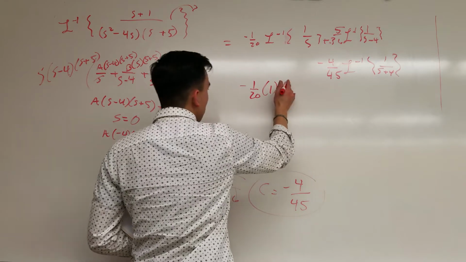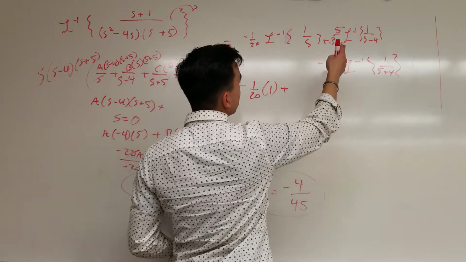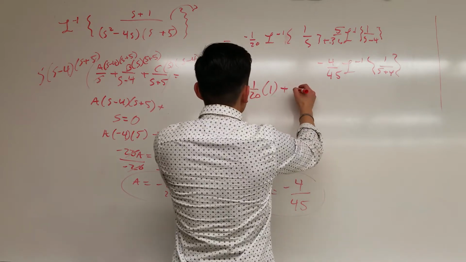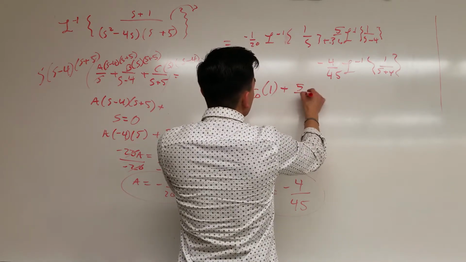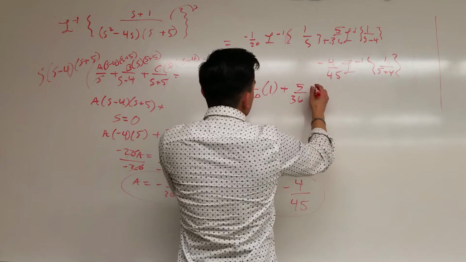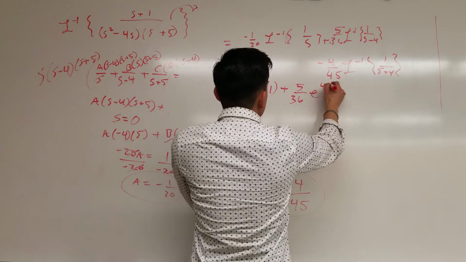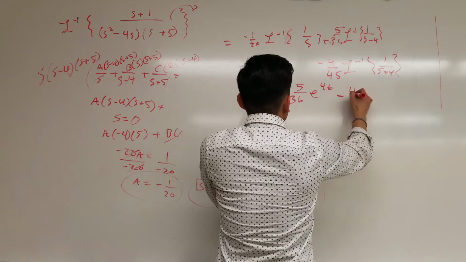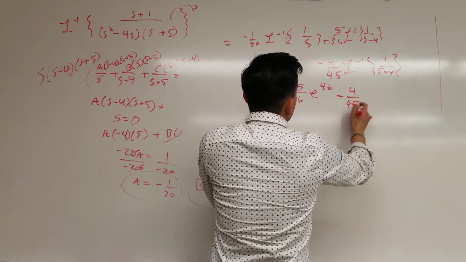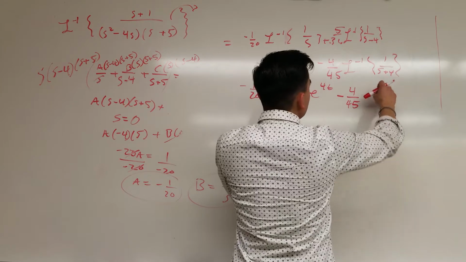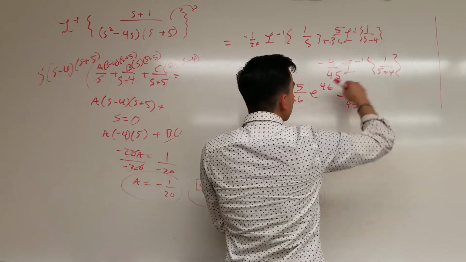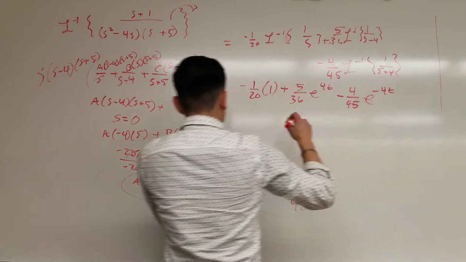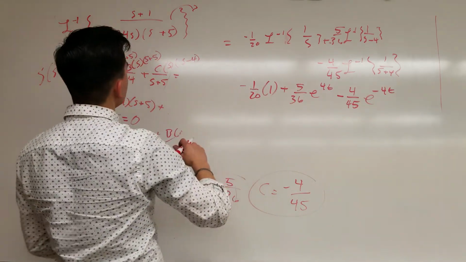Great. Inverse Laplace of 1 over s minus 4, that's 5 over 36 times e to the 4t, minus 4 over 45. The inverse Laplace of 1 over s plus 5, well, that's going to be e to the negative 4t. Was it a 4? No, it was a 5.